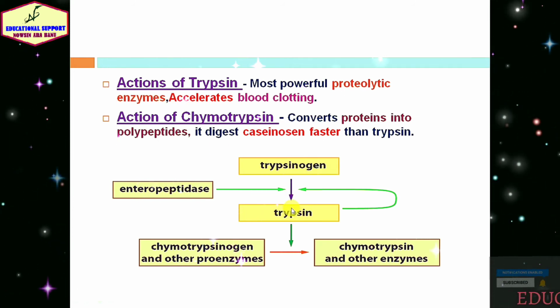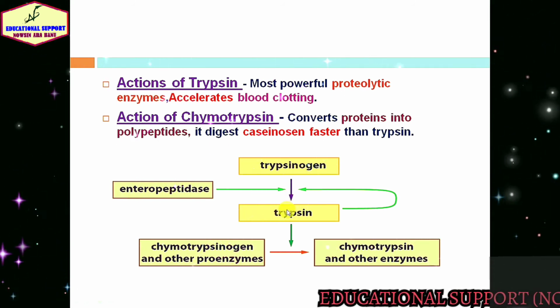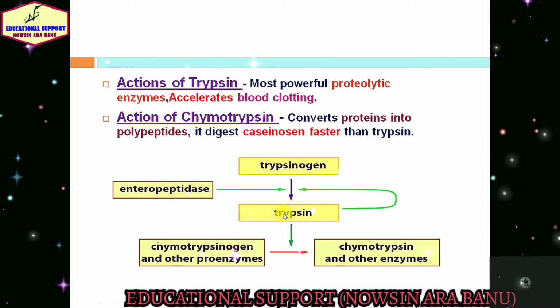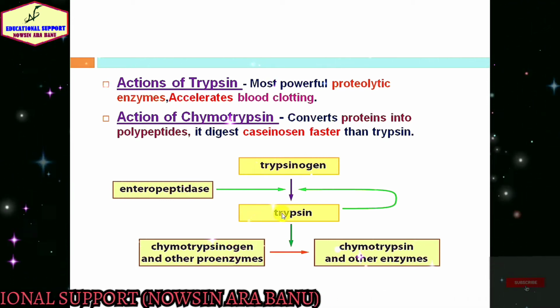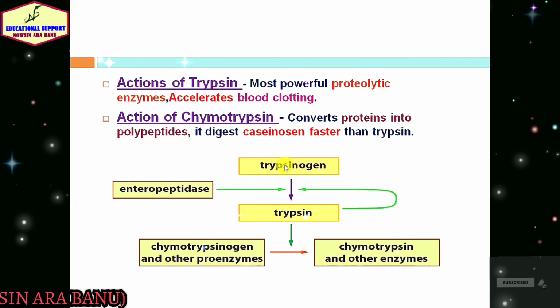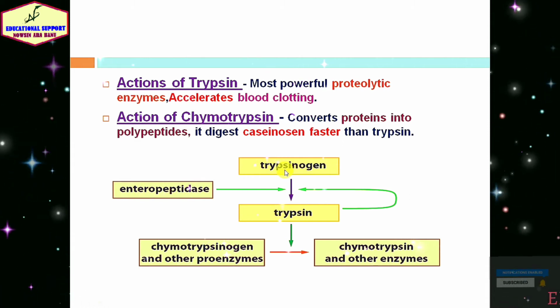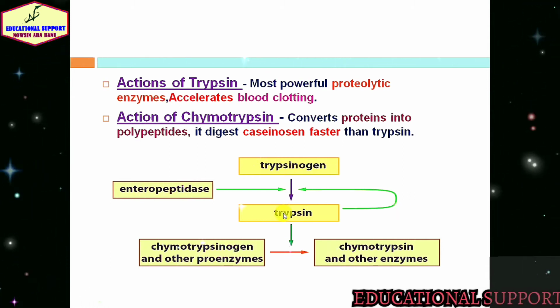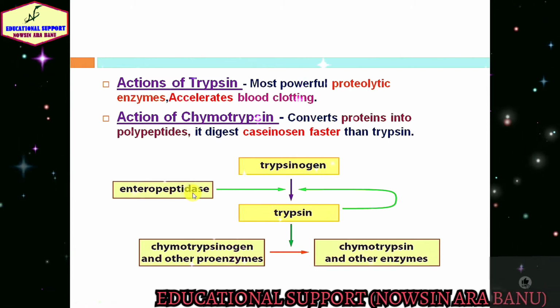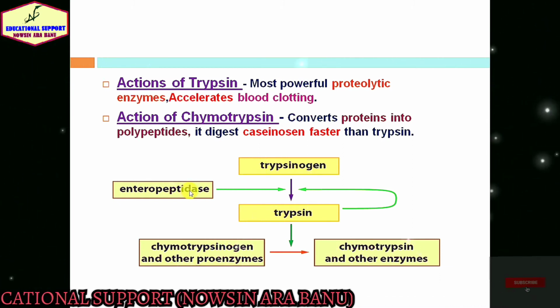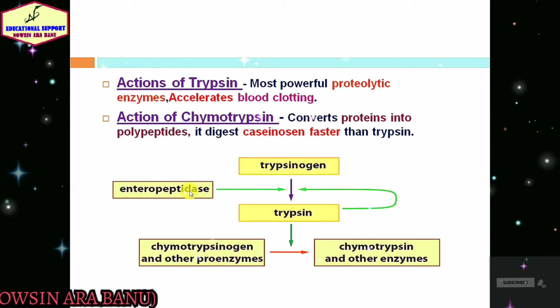Trypsin is a polypeptide. It contains 229 amino acids. It is secreted as inactive trypsinogen, which is converted into active trypsin by enterokinase, and it is secreted by the brush border cells of the duodenal mucous membrane.